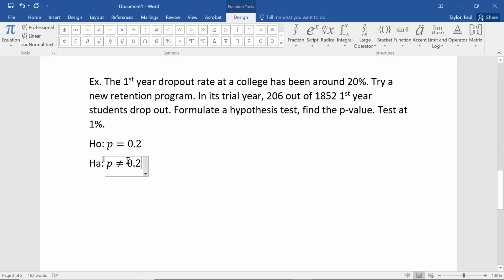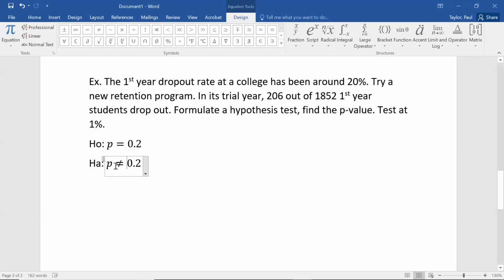But with the retention program, if the dropout rate is worse, we're not going to use it anymore. The retention program is going to cost effort and money, and it's only going to be worthwhile if the dropout rate is better. And what's better? Well, lower. We want fewer students to drop out.